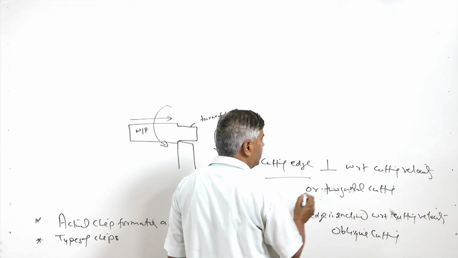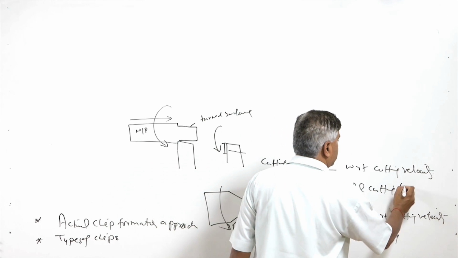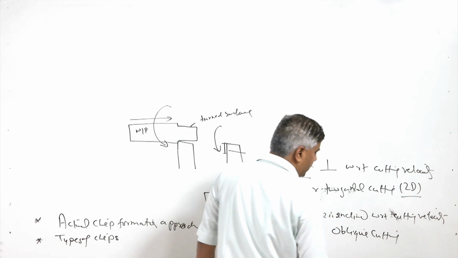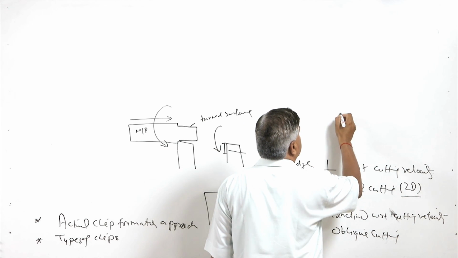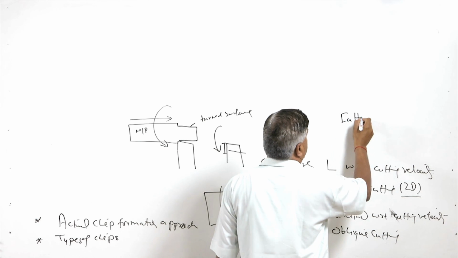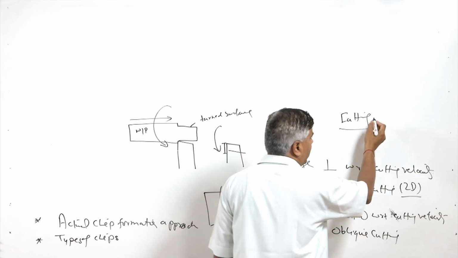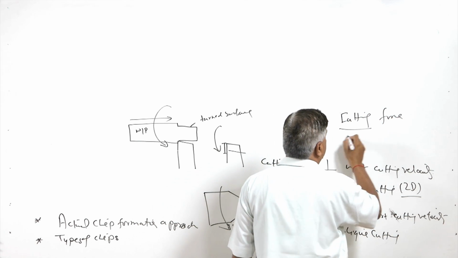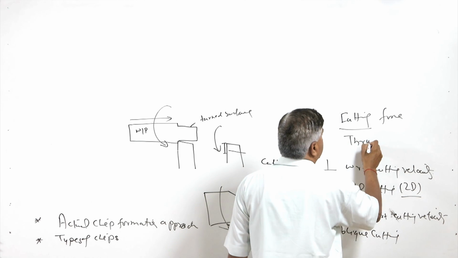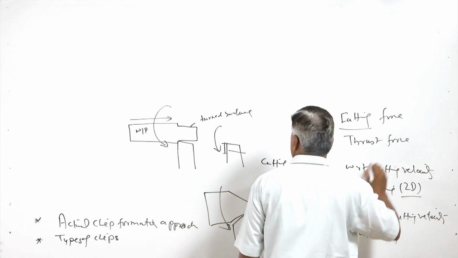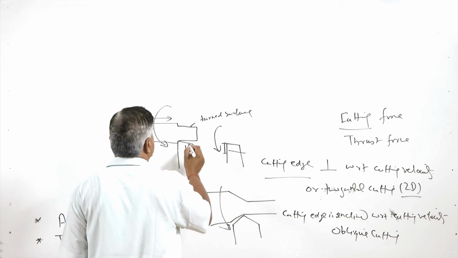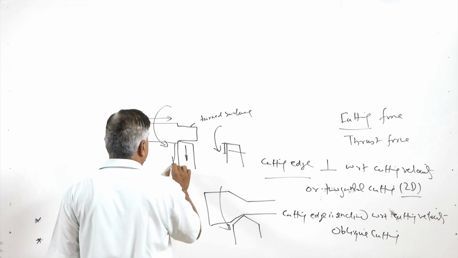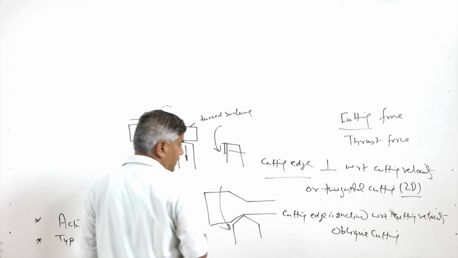Basically orthogonal cutting is also termed as two dimensional cutting, because mainly the forces act in two directions. One is the cutting force and another is the thrust force. So, the thrust force will be acting in this direction and the cutting force will be acting in the downward direction.